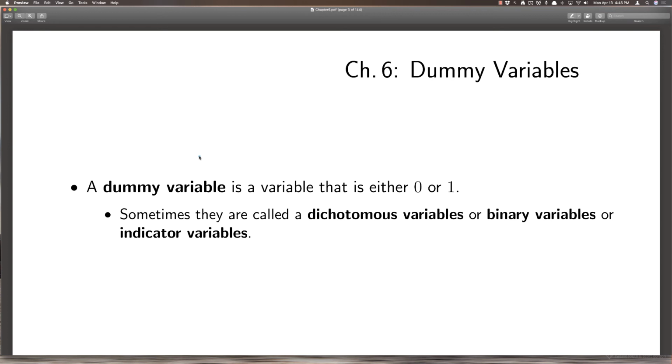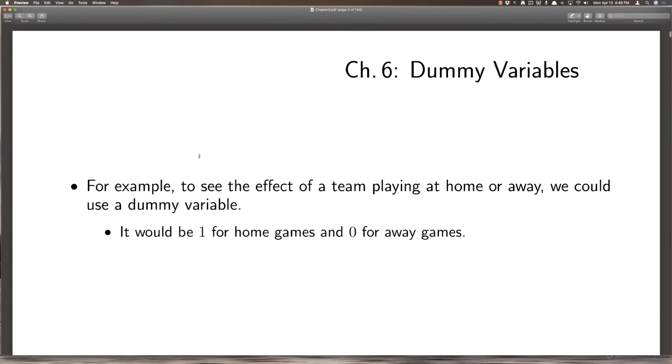But dummy variable, dichotomous, binary, indicator, those are mostly the terms you hear when talking about it in terms of a data set, in terms of rows and columns. You have a column that is one particular variable, and that variable can only take on two values, 0 or 1. So for example, let's think about the effect of a team playing at home or away.